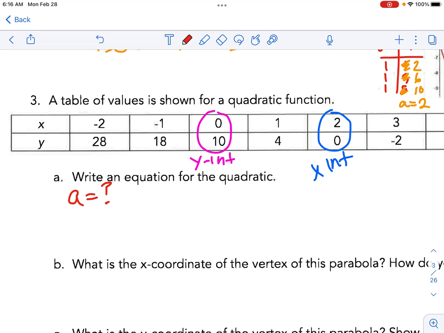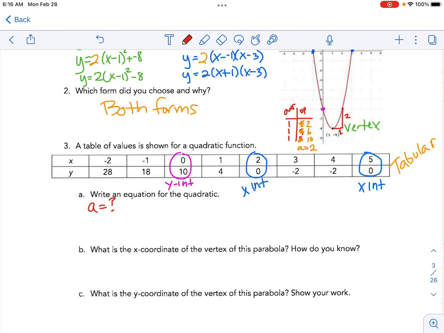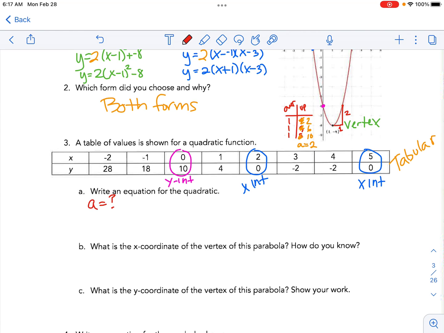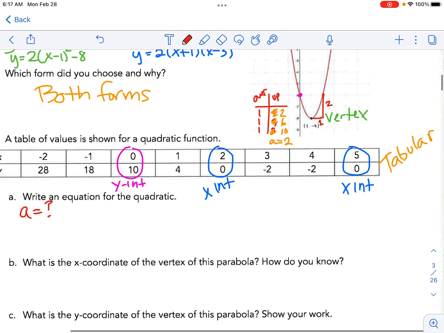So the strategy we use here is we take one of those forms of the quadratic, and we have to solve for a. And of course, it's really hard to find the vertex in a tabular sort of thing, right?